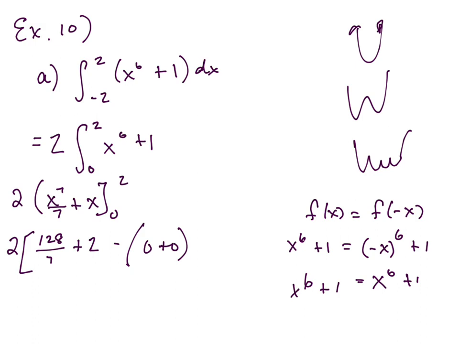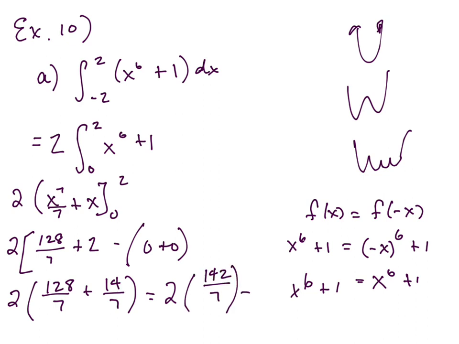So 2 by 128 over 7. 2, let's call that 14 over 7. 128 plus 14. I'm looking ahead of you guys because we're in a hurry. That's 2 by 142 over 7.